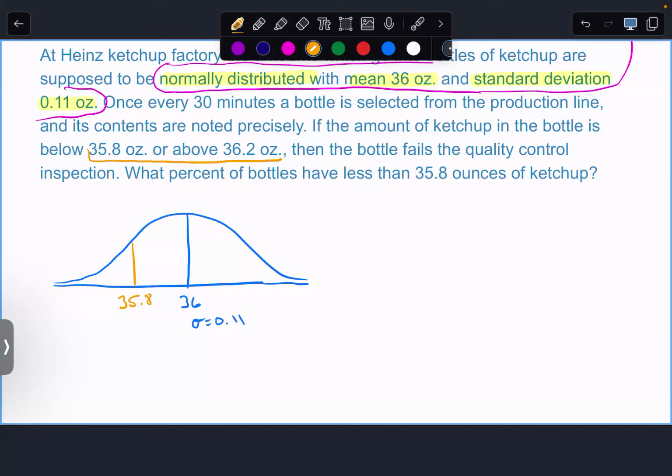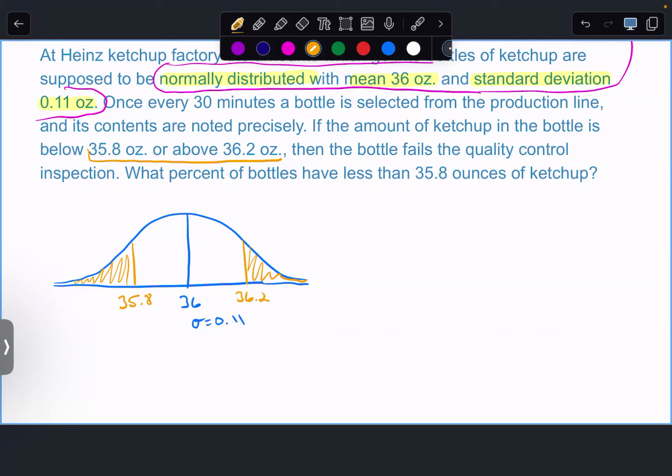And then 36.2 I'll put up here. So we're told that any bottle that falls below 35.8, right? So that's this area here, or above 36.2, those fail the quality control inspection.